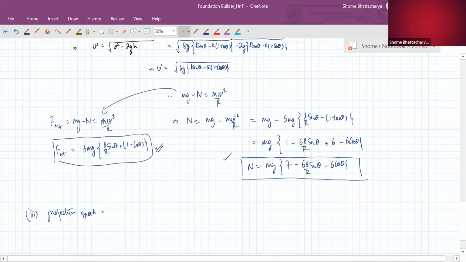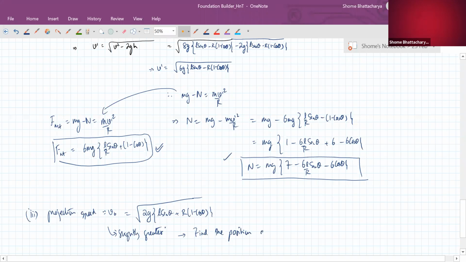Okay, we'll have to assume that it's equal to V naught, which was that quantity, root 2g into L sine theta plus R into 1 minus cos theta, this term. So assuming it's slightly greater than this, we have to find the position at which the normal reaction becomes zero.